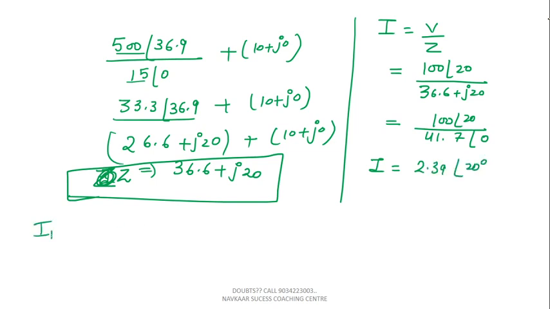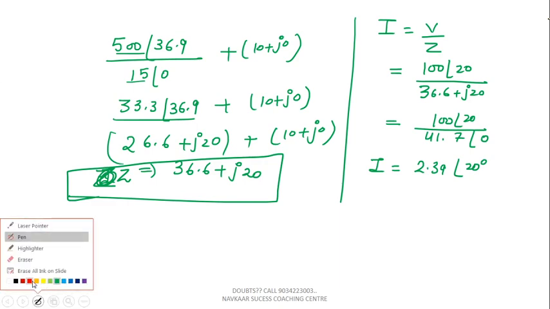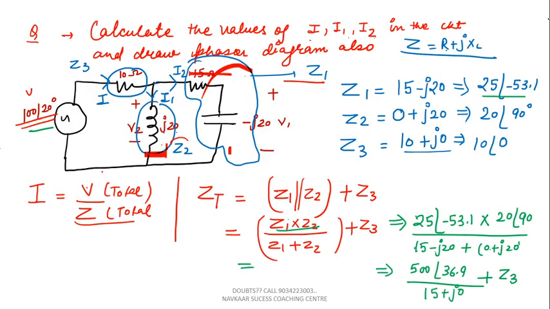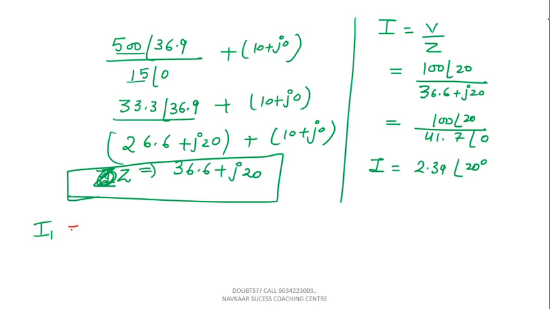Now our focus is to calculate I1. We will apply the current division rule. I hope you know about the current division rule. I1 would be equal to the total current multiplied by the opposite resistance, divided by the sum of resistances connected in parallel. So I1 equals I times Z2 divided by Z1 plus Z2.